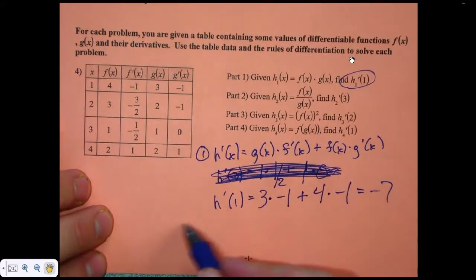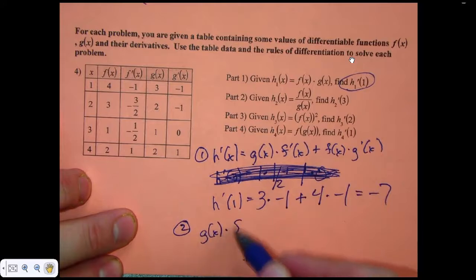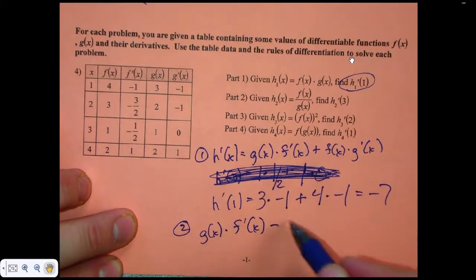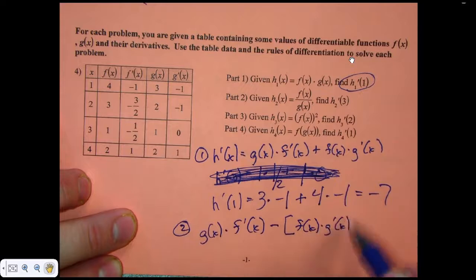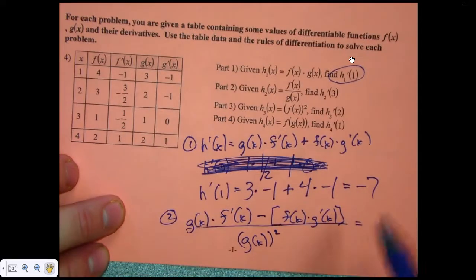Number 2 is quotient rule. So that is the bottom times the derivative of the top, minus the top times the derivative of the bottom, all over the bottom squared. So if I start looking at the chart now, I'm plugging in 3.